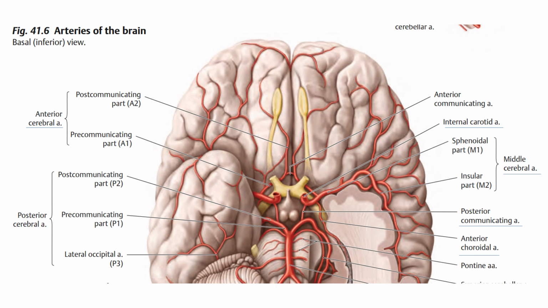What you are looking at is the basal inferior view of the brain, arteries of the brain. So here we have the internal carotid artery. This is the ICA. The fourth part of the internal carotid artery gives the first branch as the ophthalmic artery, which is not shown in this diagram.